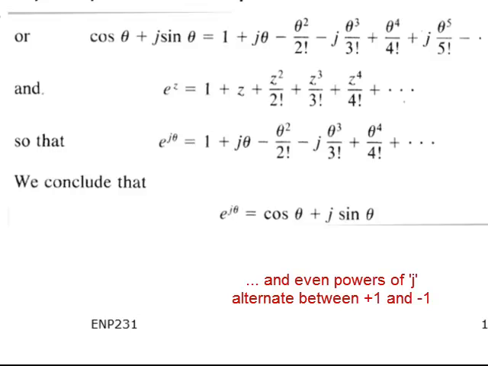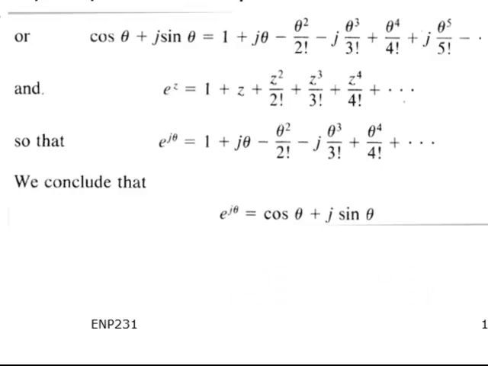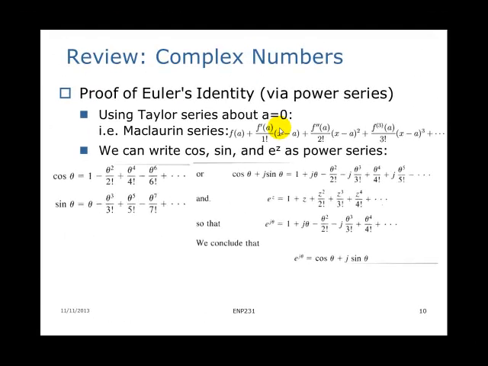That's our final step. And now we can conclude by looking at the e to the j theta expansion and comparing that to the cosine theta plus j sine theta expansion, we see that these are in fact the same power series. So therefore, e to the j theta is equal to cosine theta plus j sine theta.